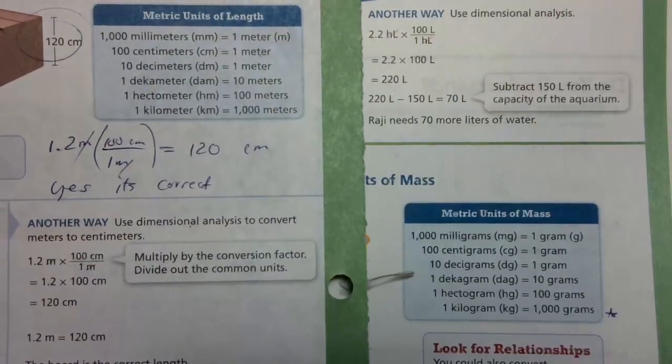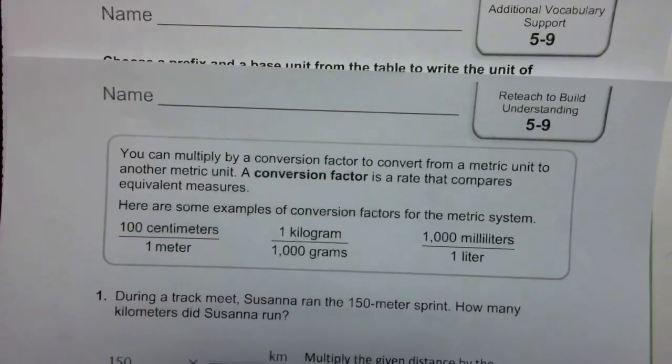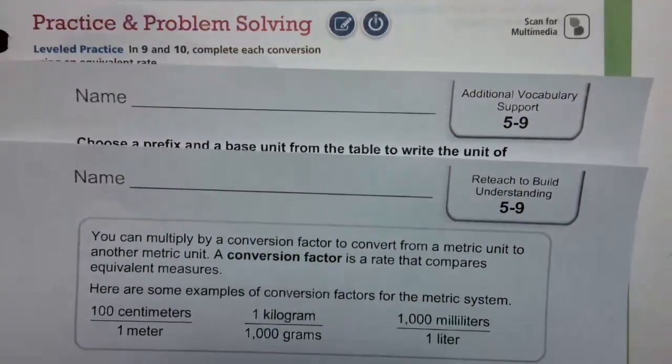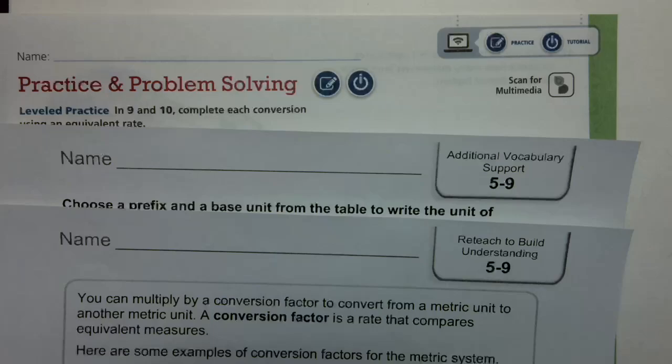Hopefully you have anchor charts up somewhere on all of these, and you're learning your prefixes, and so you look all those things up while you're working on your practice and problem solving, vocabulary, and reteaching page for 5-9. And I'll see you next time.